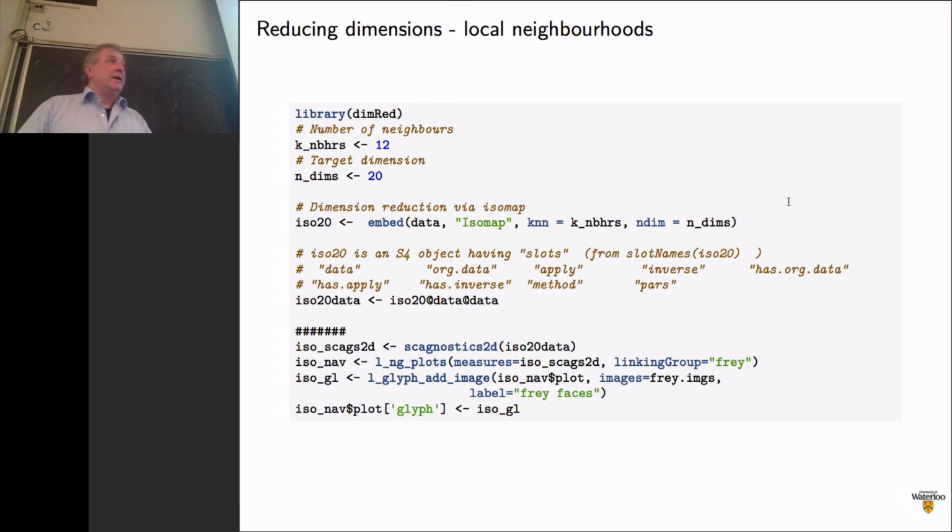But without that in hand, I'm guided by this: the smaller k is, the more local I'm using things, but I may have a disconnected graph. The larger it is, I may cross these boundaries. So suddenly it's as if I've got a road from New York to London, England.